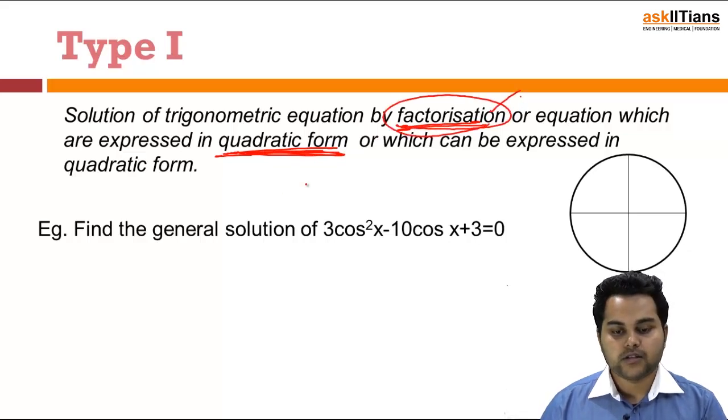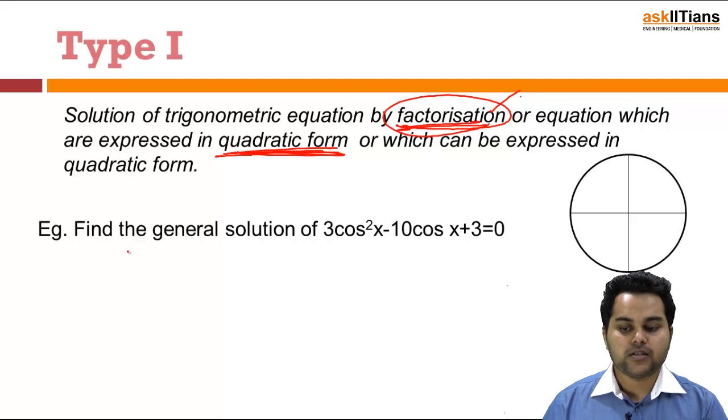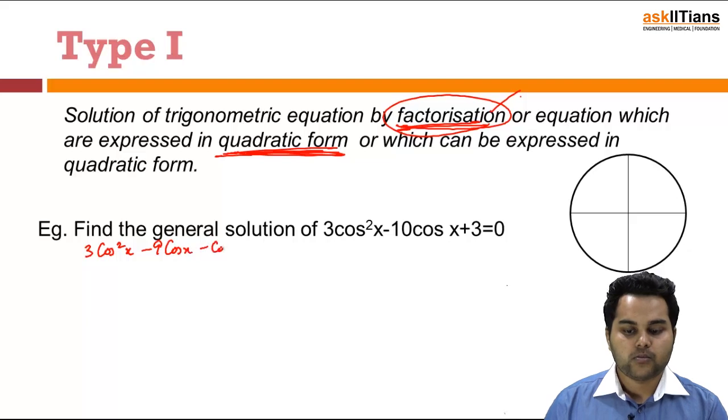Now we'll find a general solution for 3 cos square x minus 10 cos x plus 3 is equal to 0. Let's see, I'll try to factorize it. 3 cos square x minus 9 cos x minus cos x plus 3 is equal to 0. That gives me 3 cos x taken common, which leaves me cos x minus 3, and minus 1 taken common, which gives cos x minus 3.